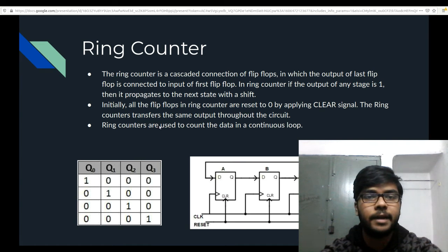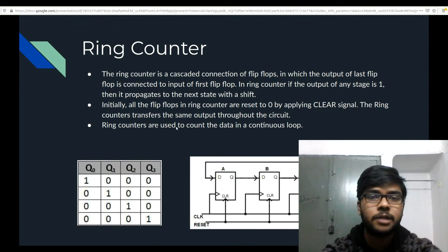Ring counters are a cascaded connection of flip-flops in which the output of the last flip-flop is connected to the input of the first flip-flop. You can see that from this diagram. In ring counters, if the output of any stage is 1, then it propagates to the next stage with a shift. Initially all the flip-flops in ring counters are reset to 0 by applying a clear signal.